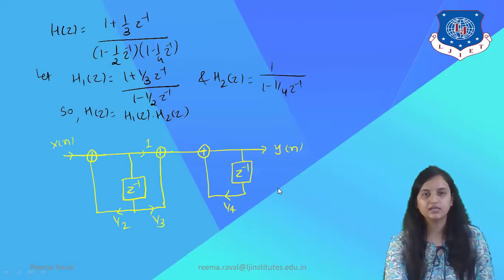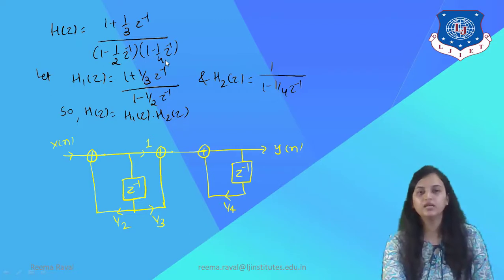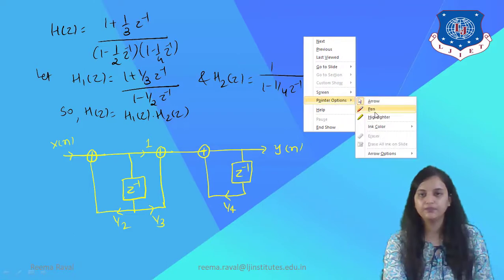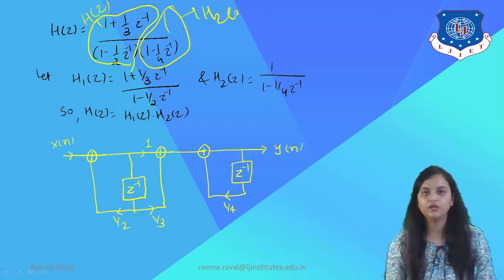So let's see the cascaded structure. To draw the cascaded structure, that means a series connection, we are factorizing the denominator part, which will give 1 minus 1 by 2 z inverse into 1 minus 1 by 4 z inverse. So by taking the first part, that means this much part, as H1 of z and 1 upon this denominator part as H2 of z, and making the series connection for these, we will get the cascaded structure.